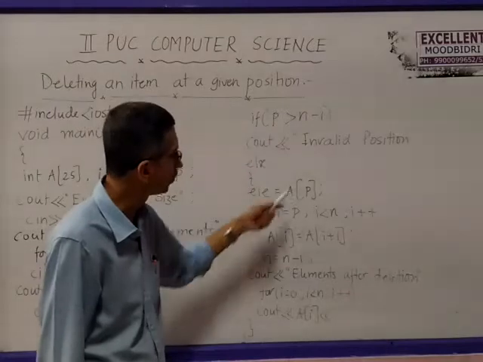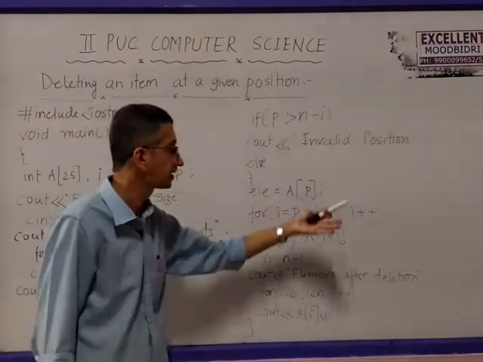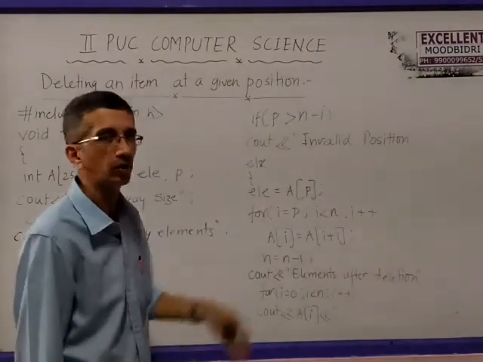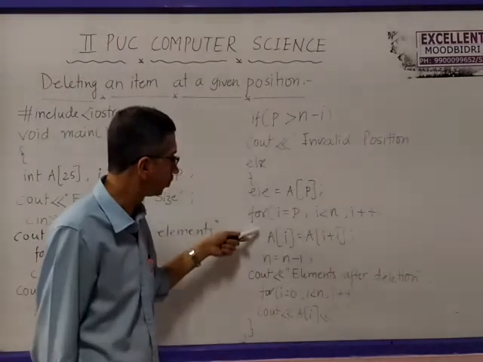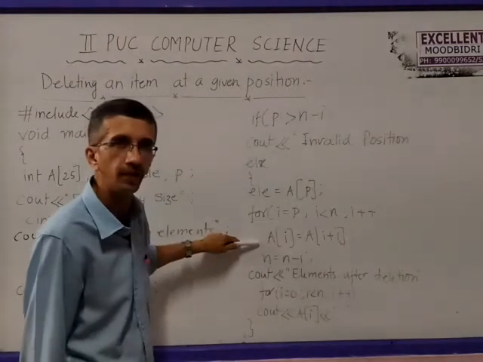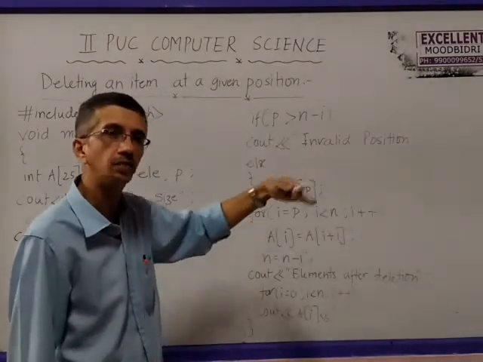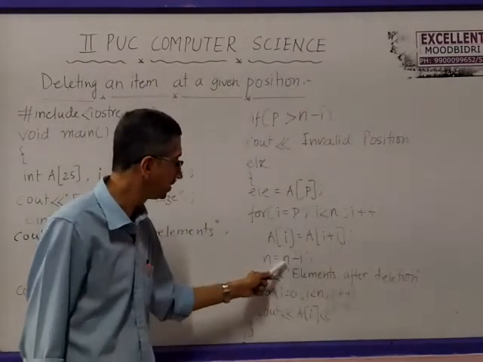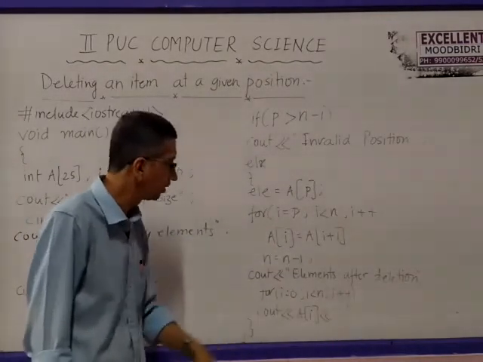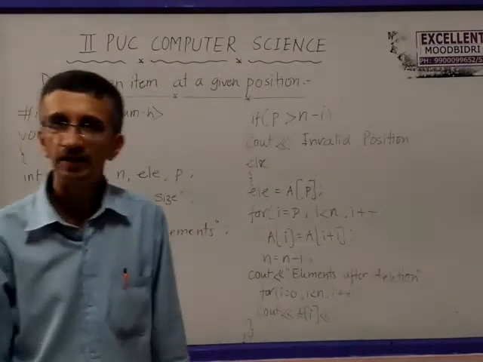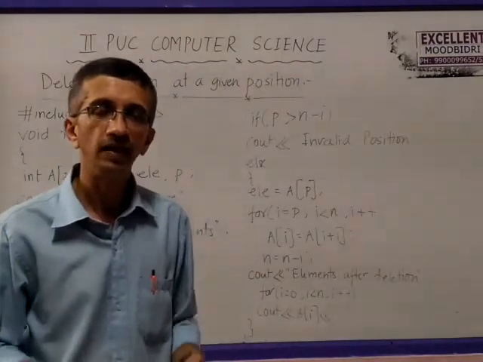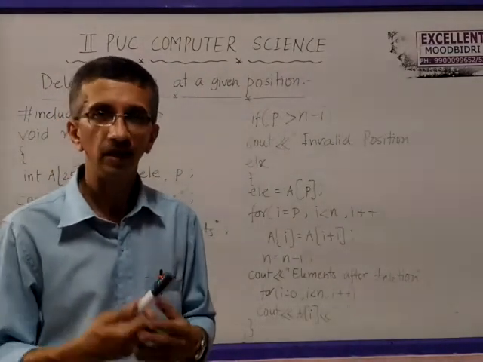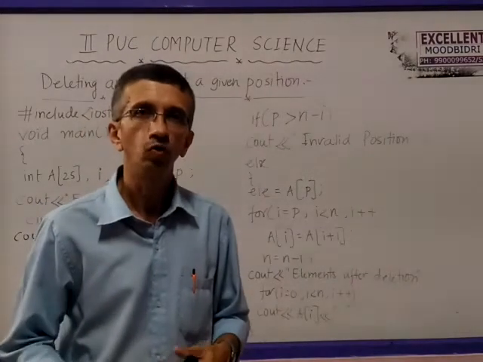So A of I is equal to A of I plus 1. Next item is assigned to the previous location. So this happens in the for loop, which has only one statement and takes care of shifting the items down. So the number becomes n minus 1. Later you display the array after the deletion. So thus we have seen insertion and deletion in the algorithms as well as the programs. Hope you have understood this.